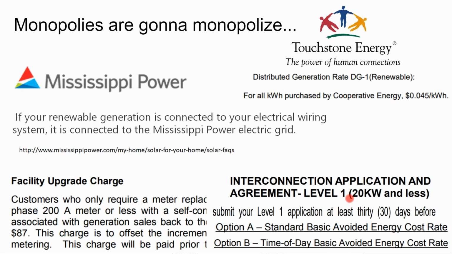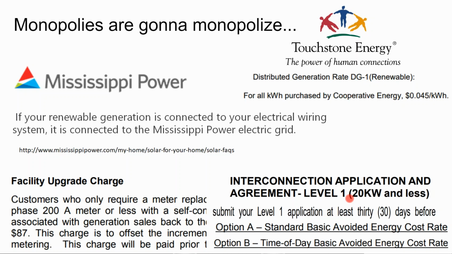And that can get kind of lame if you're doing the project and you have to wait for a month before the utility gets back to you and says, okay, you can do solar. I would like to see solar be treated more like just pulling an electrical permit.